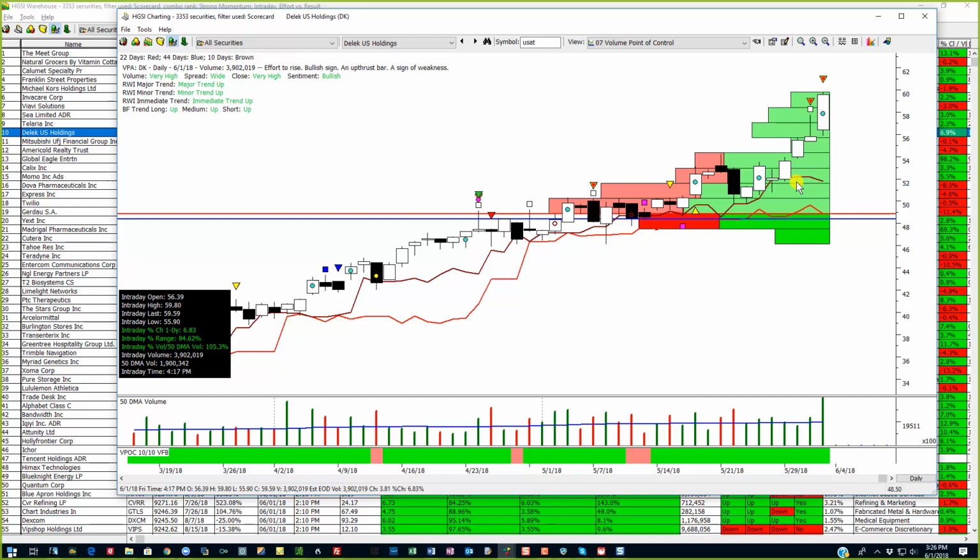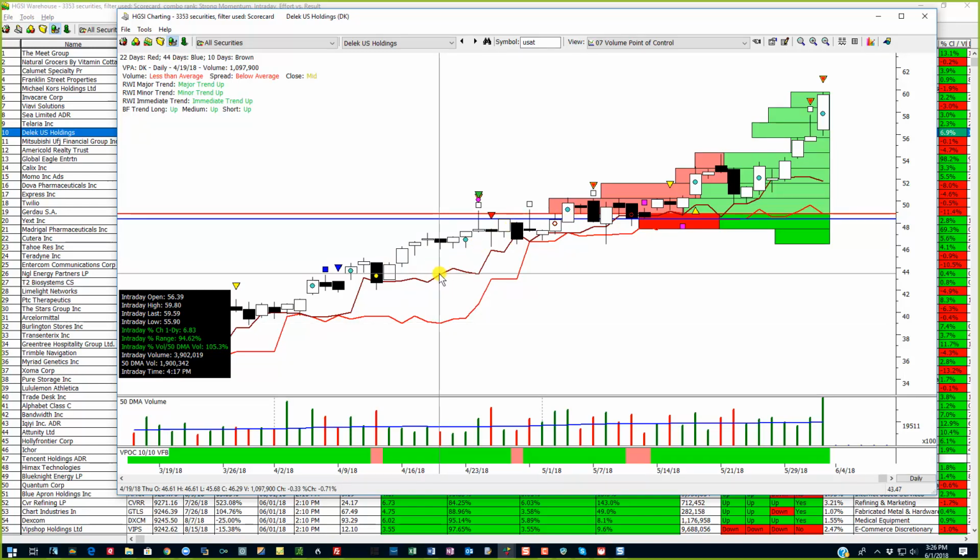on a closing basis. Okay, but this line now represents where the 22 period or 22 day volume point of control was at this point in time. So back here, it was clear back here, and you can see the stock price was well above it.